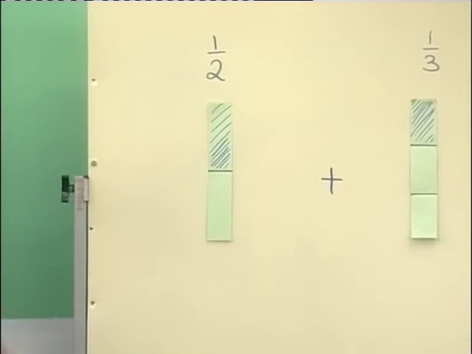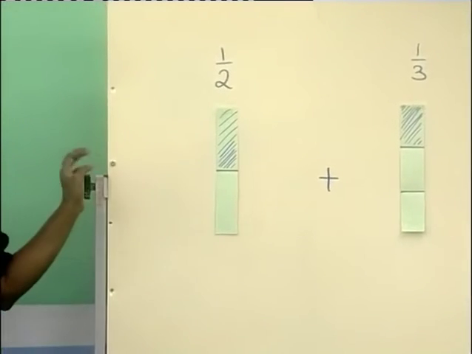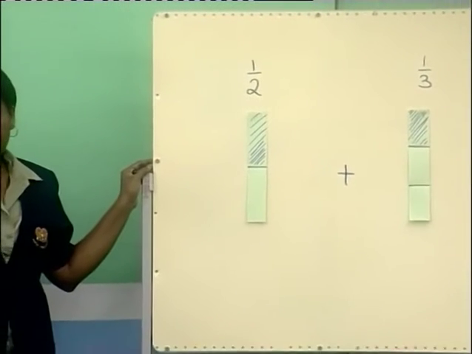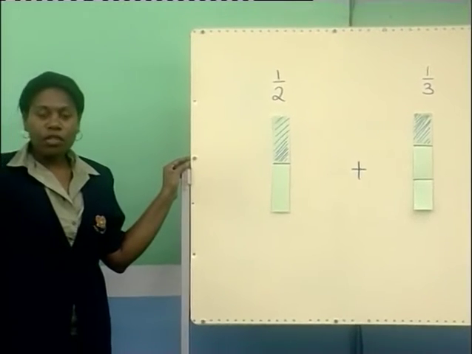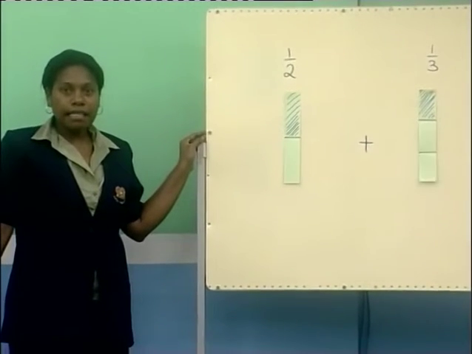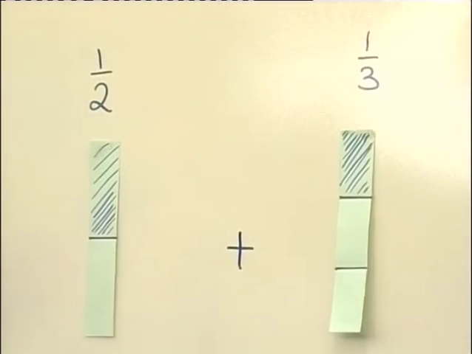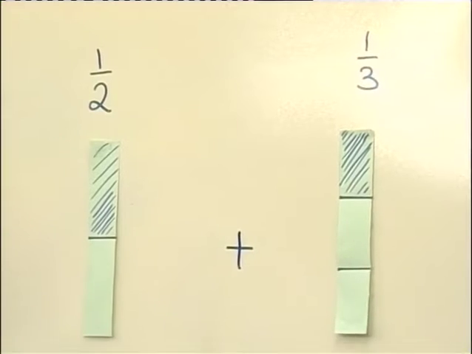All right, how can I add a half plus a third? Okay, how can I add a half plus a third?